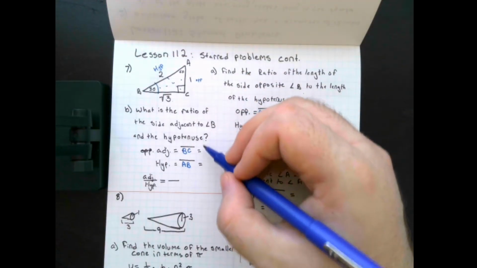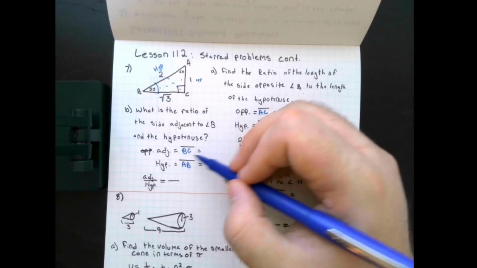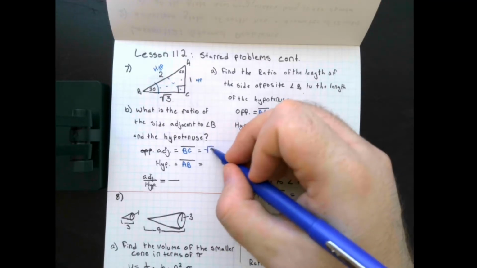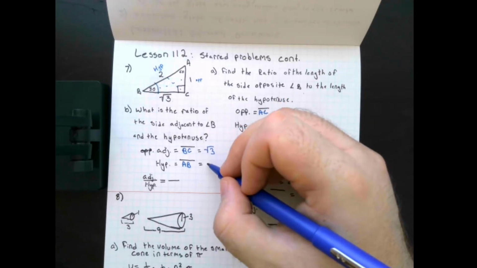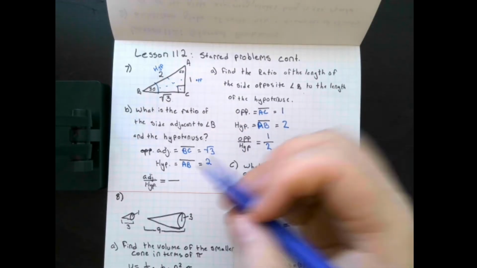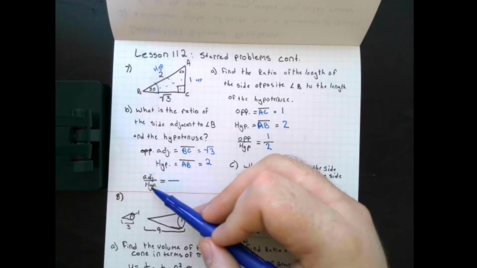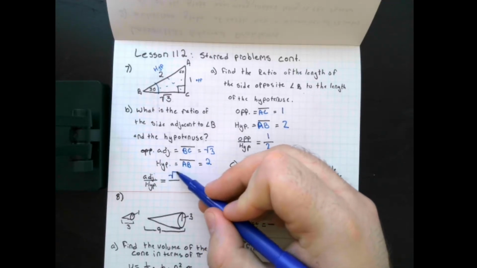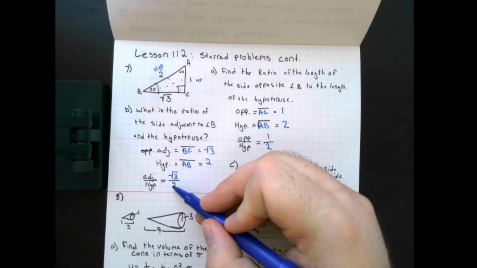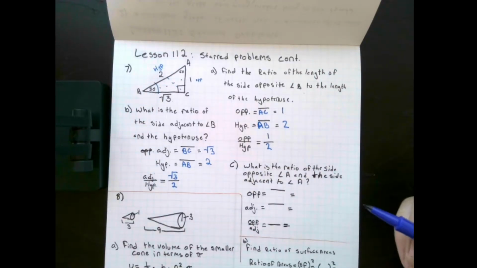Now, the adjacent BC is the square root of 3. The hypotenuse is 2. Now, if I put the ratio of the adjacent to the hypotenuse, that means adjacent over hypotenuse. So we're going to have the square root of 3 over 2. And that'll be that ratio.